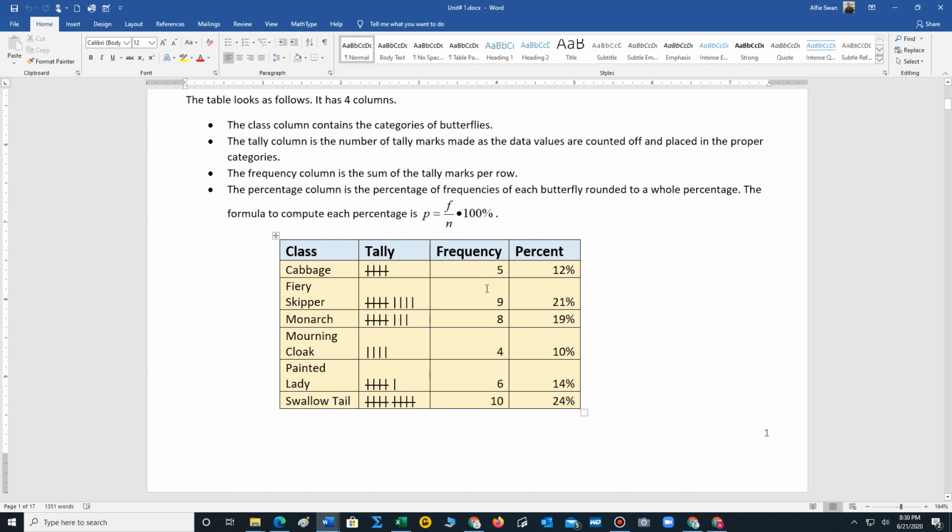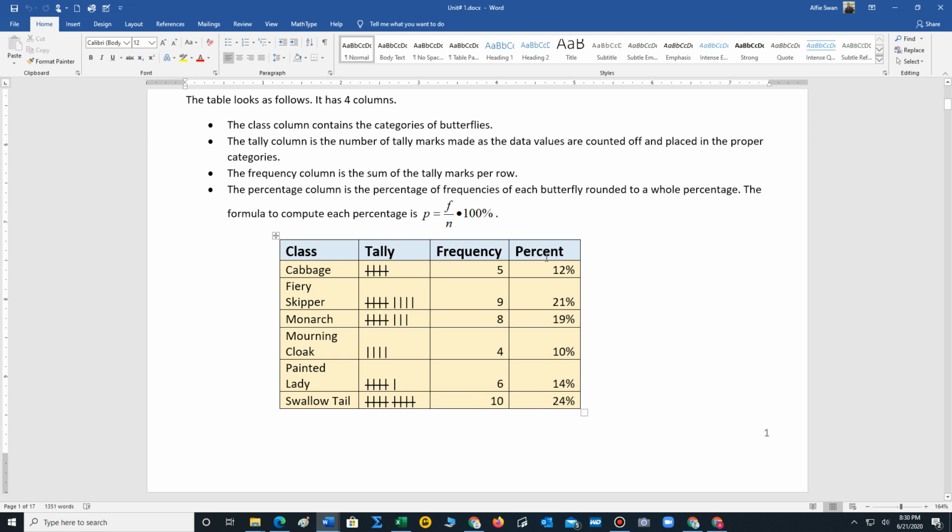Now the frequency column, that's found by just adding up the tally marks. So there's 5 cabbage butterflies, there's 9 fiery skippers, 8 monarchs, 4 mourning cloaks, 6 painted ladies, and 10 swallowtails.